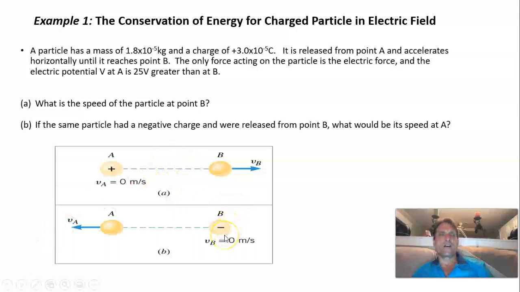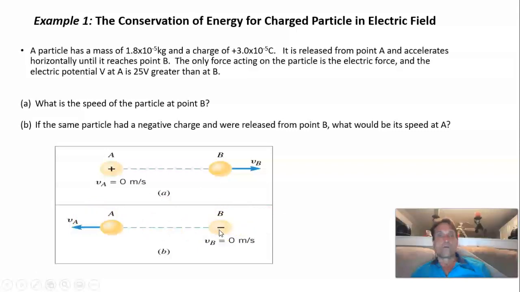Okay, suppose that we take this same situation here, but suppose that instead of a positive 3 times 10 to the negative 5 coulombs, the charge is negative 3 times 10 to the negative 5. And then let's suppose that we start it at point B and we send it to the left. So we take a negative charge and we send it right to left.